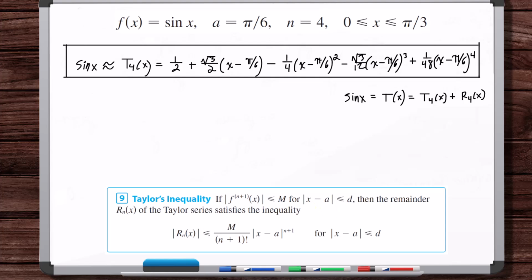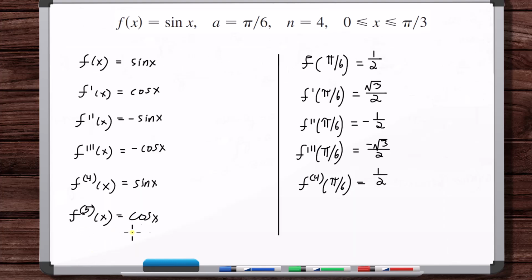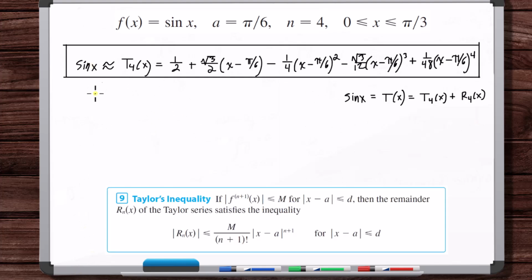So what's the n+1th derivative? Because n is equal to 4, the absolute value of the n+1th derivative of x is the absolute value of cosine x.